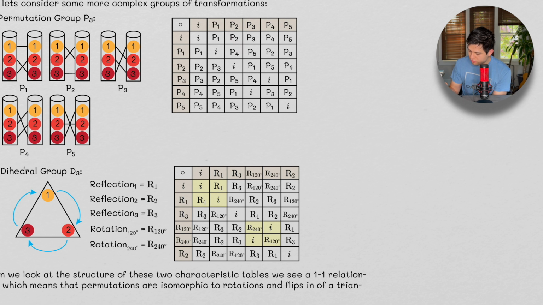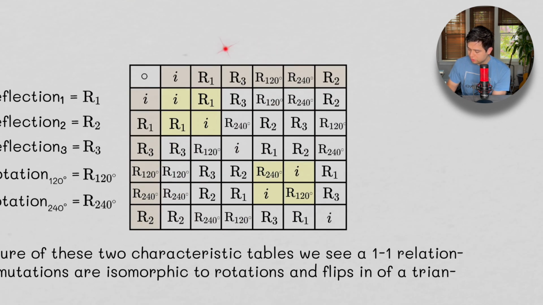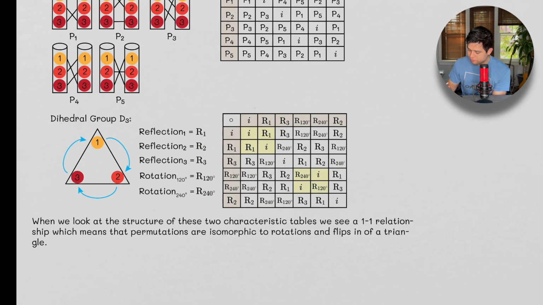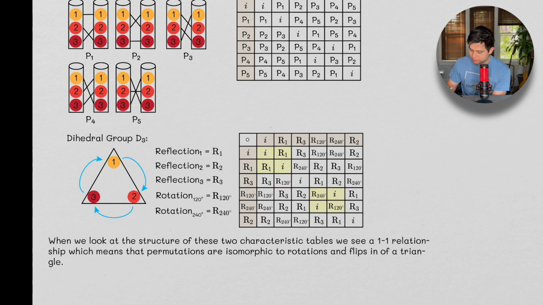See P4, rotation 240. We said P2 is P5, right? So we can actually see here that every one of these, there's a mapping, right?